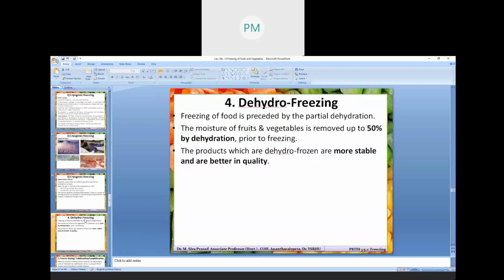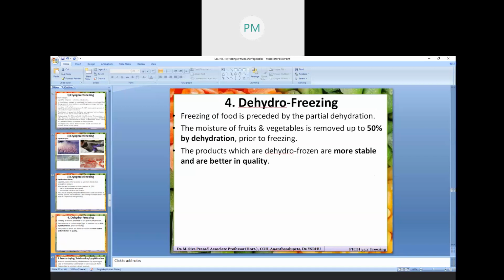The next method is dehydro-freezing. Dehydro-freezing is nothing but freezing by employing dehydration first, followed by freezing. First you need to take out 50% of the moisture prior to freezing, and then the produce is frozen.